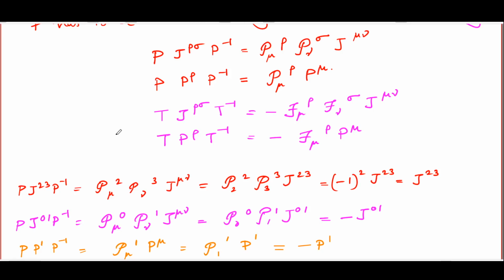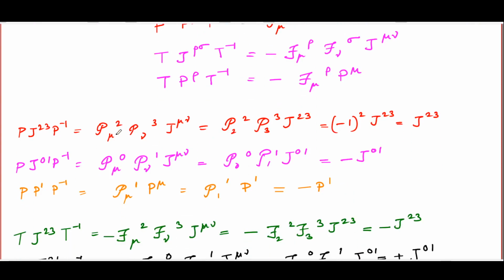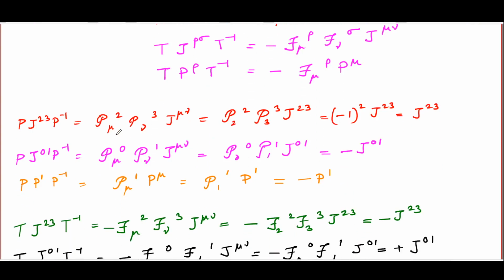Now what about capital T? Capital T essentially follows along the same lines, except that when you apply the capital T transformation on J23, for example, you get capital T J23 T inverse is minus, this is an extra minus sign which comes from this minus i coming out of the anti-unitary capital T. And then you have curly T mu 2, curly T nu 3, J mu nu.